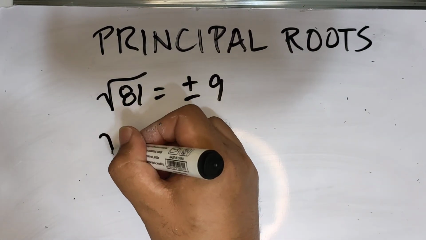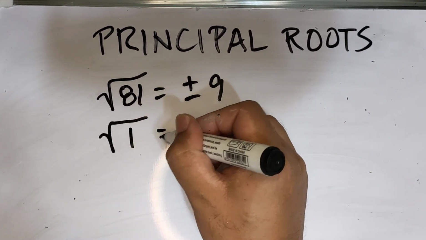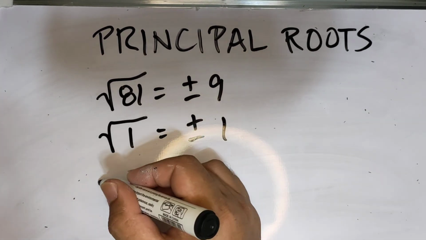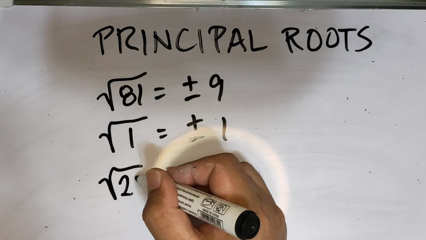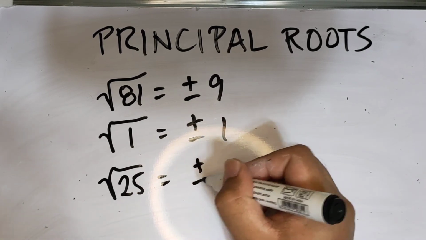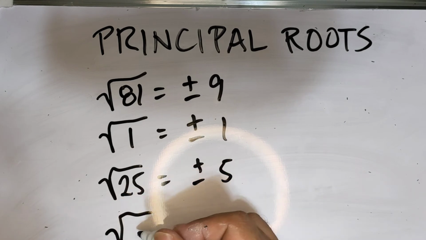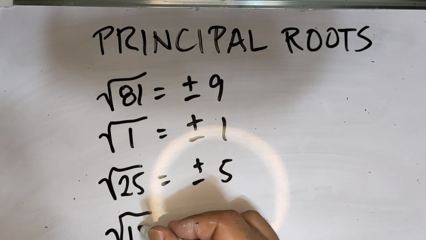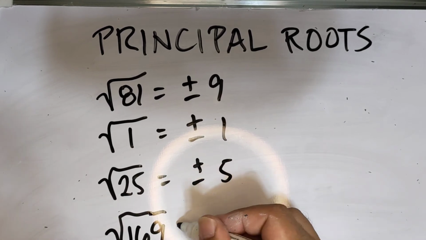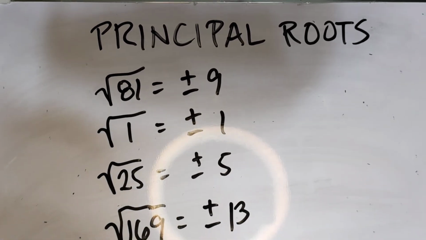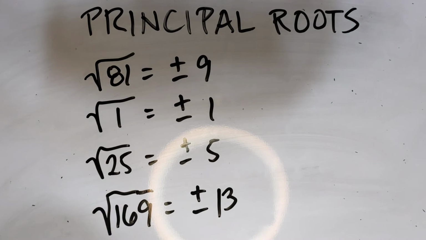Ang square root naman ng 1 is positive negative 1. Ang square root ng 25 is positive negative 5. Ang square root ng 169 ay positive negative 13. Okay? So, these are square roots.